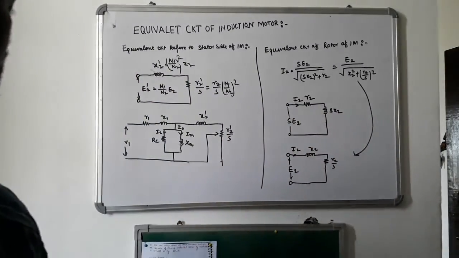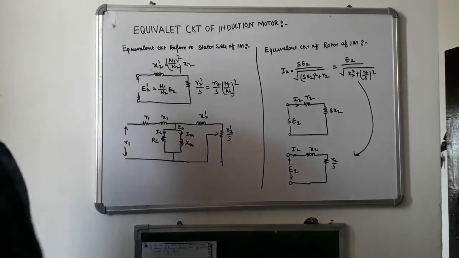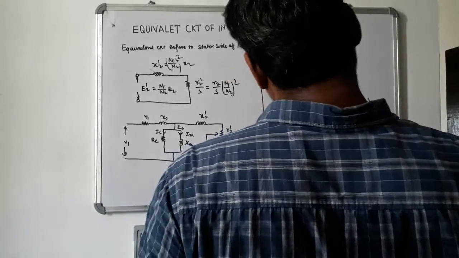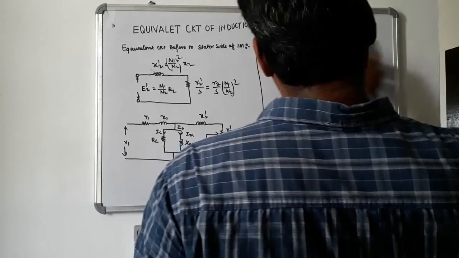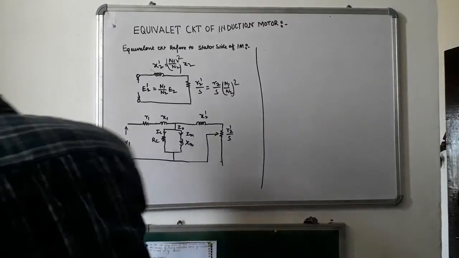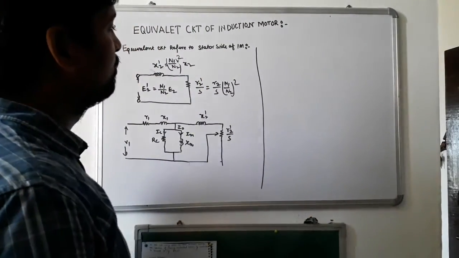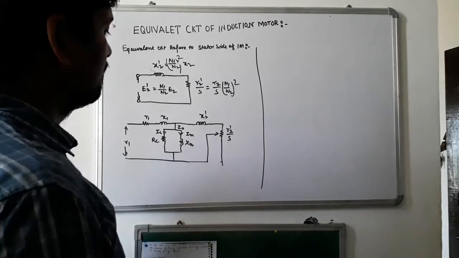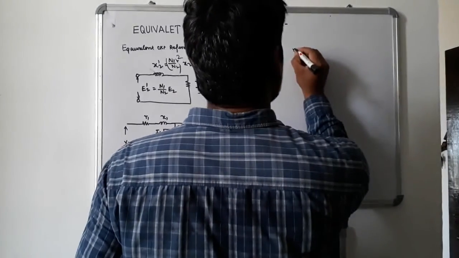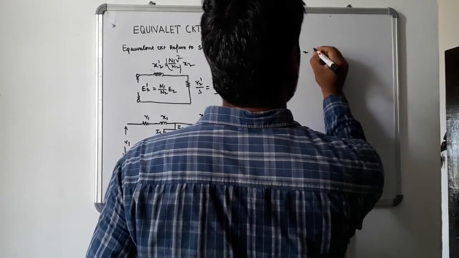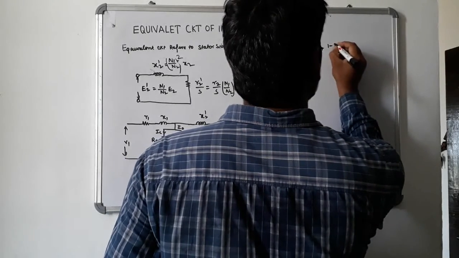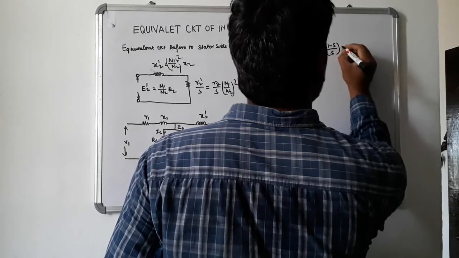And then this equation: we are splitting the rotor side resistance, so R2 dash divided by S is equal to R2 dash plus (1 minus S) divided by S times R2 dash.